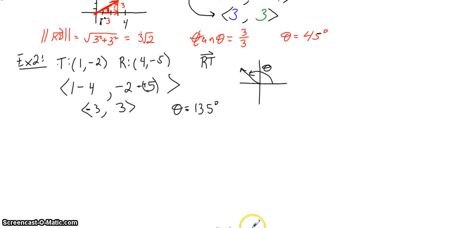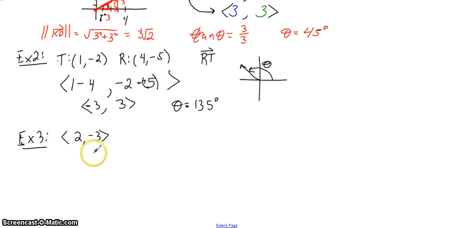So let's start off with a different look to it. Let's start off with a vector that has component form of 2, -3. Let's get a representation of that.